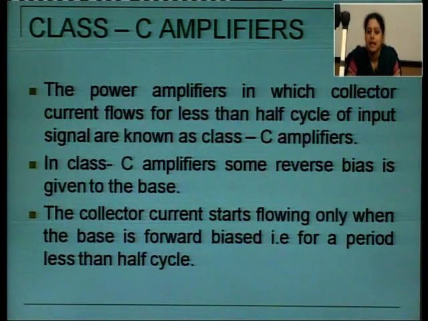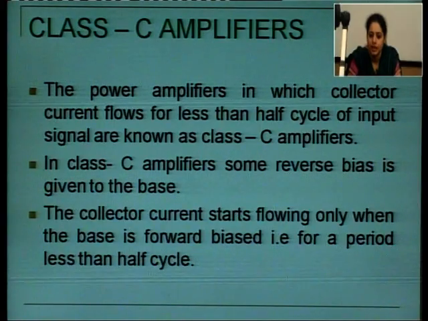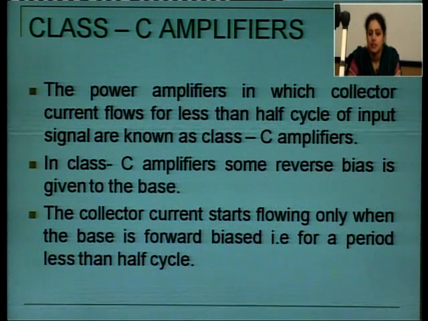Now coming to class C amplifiers: the power amplifiers in which collector current flows for less than half cycle of the input signal are known as class C amplifiers. In class C amplifiers, some reverse bias is given to the base. The collector current starts flowing only when the base is forward biased, that is for a period less than half cycle.